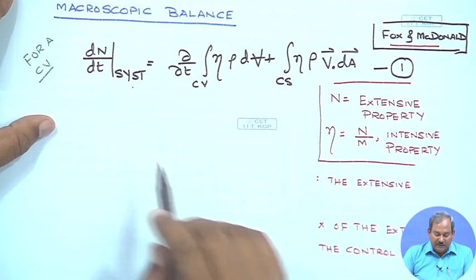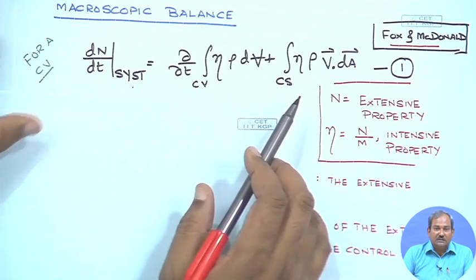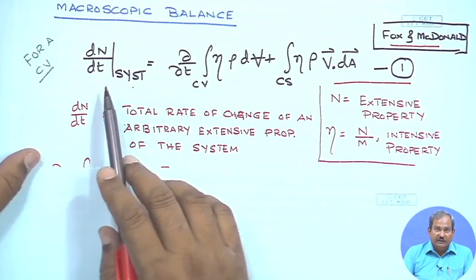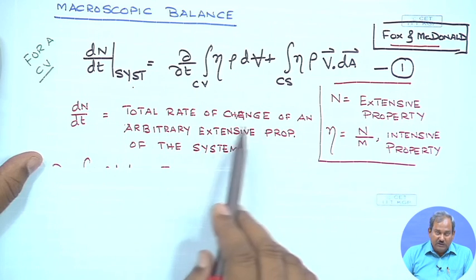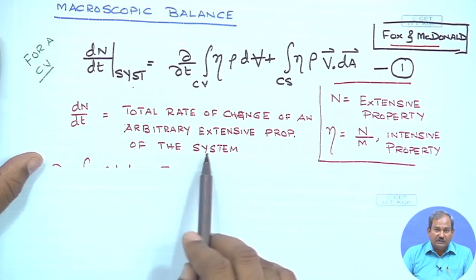Now, let's also go through the significance of each of these terms. First of all, dN/dt of the system is the total rate of change of an arbitrary extensive property of the system.